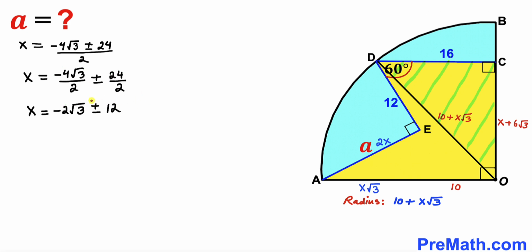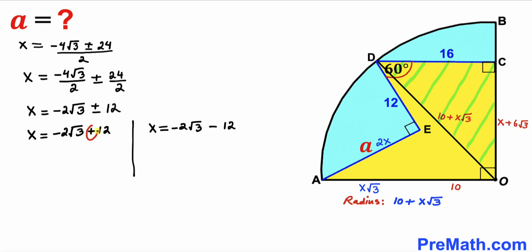And now let's split these two signs, positive and negative. So if we use the plus sign, x is going to give us negative 2 times square root of 3 plus 12, and the other part, x is going to be negative 2 times the square root of 3 minus 12.